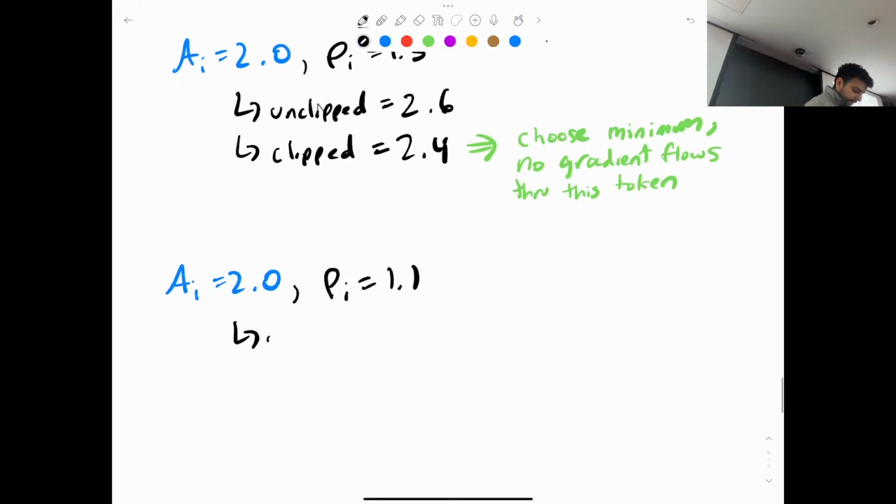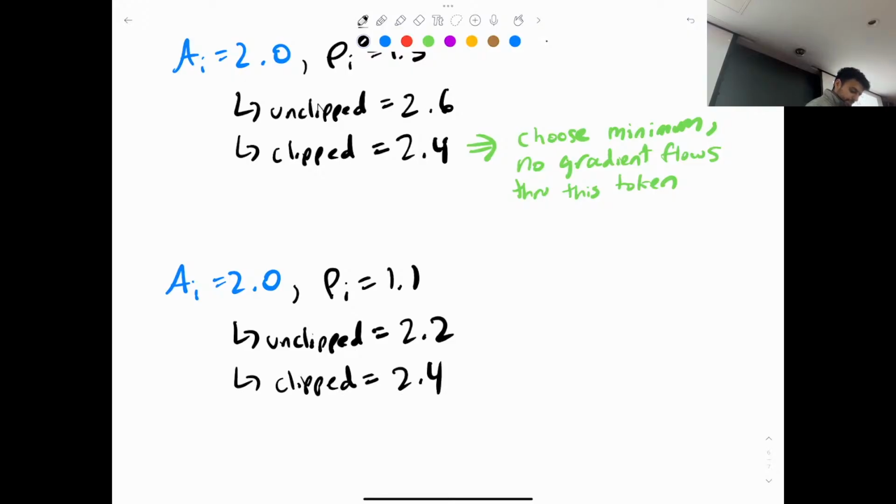So the unclipped value here is 2.2, and the clipped value is still 2.4. And so here we're going to choose the minimum, which is the unclipped value, and the gradient will flow through here.